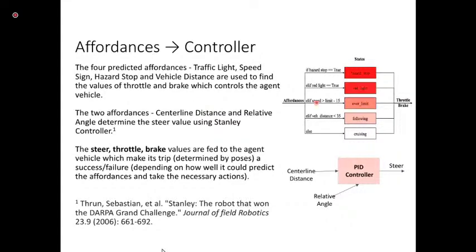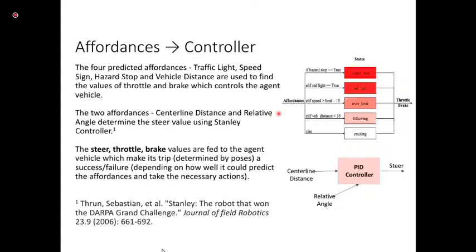So there is the longitudinal controller. Basically it takes these affordances, and it has this logic that if hazard stop is true, then you brake. Okay, if red light is true, then you brake.